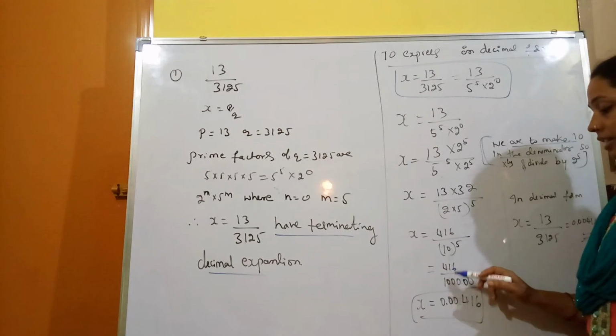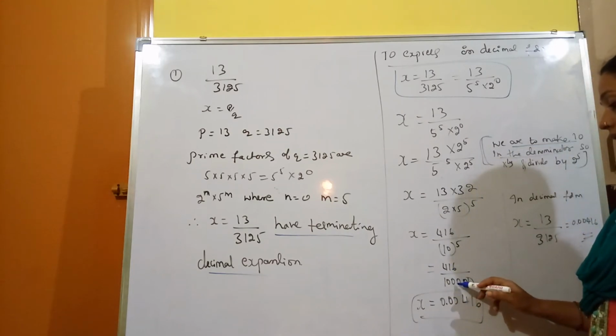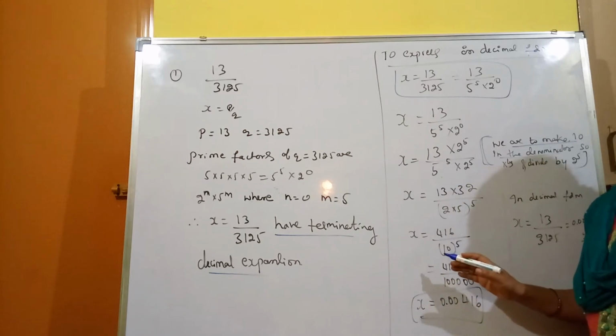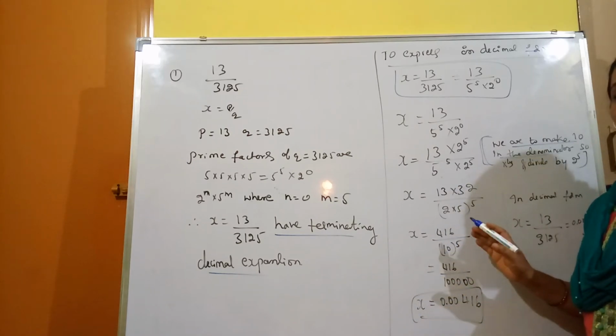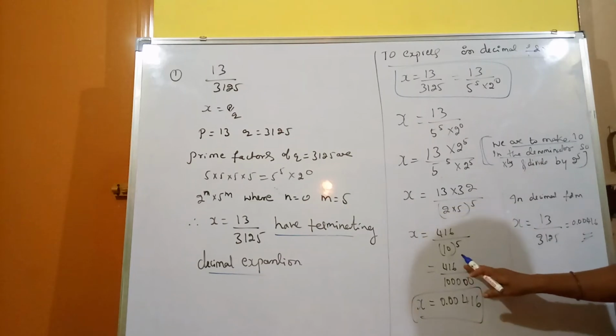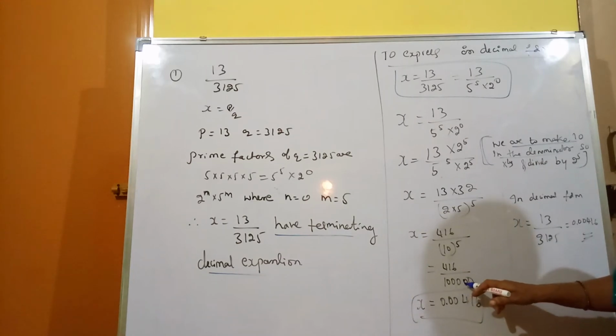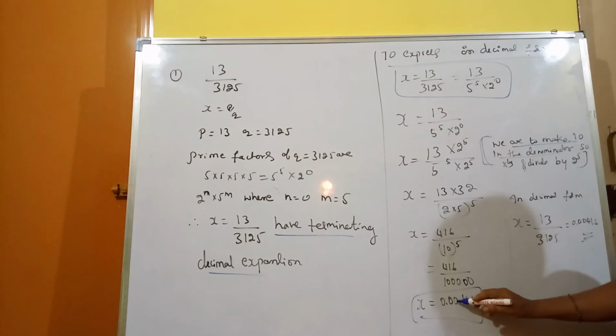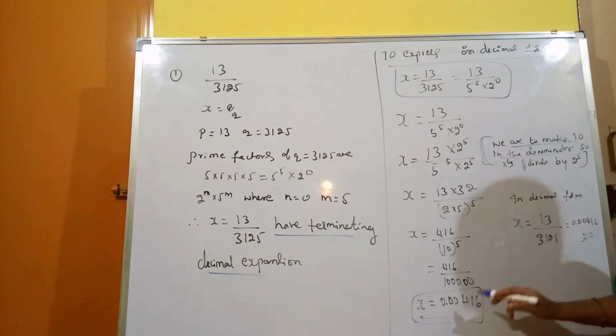Then 416 divided by 1 lakh. You know how to divide by tens, hundreds, thousands, lakhs: write the number as it is, and count how many zeros are given. 5 zeros, so after 5 digits you put the decimal point: 1, 2, 3, 4, 5. Then x is equal to 0.00416.